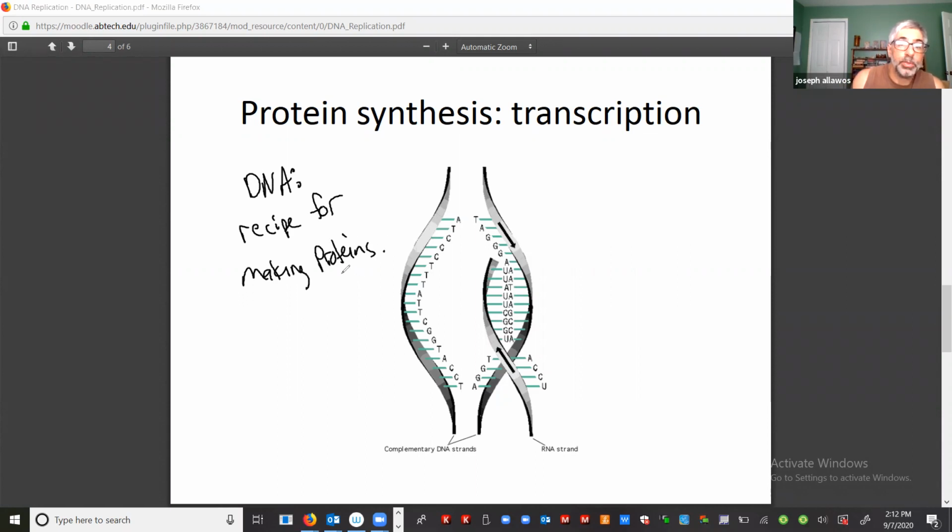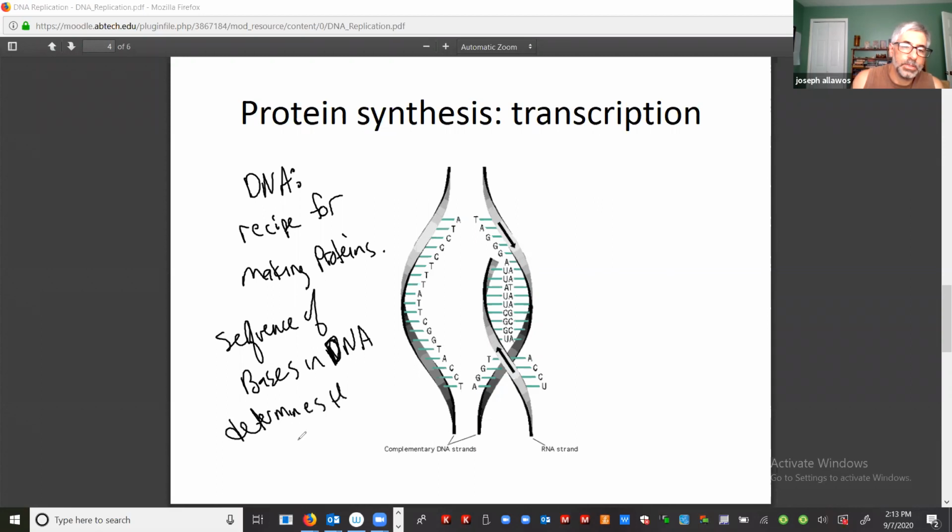And the way that it's a recipe is that the sequence of bases in the DNA determines the sequence of what in a protein? Of amino acids. Okay, what I'm saying is the base pairs, the bases determine the sequence of amino acids. They're like a recipe for making a protein. Let's see how that works.